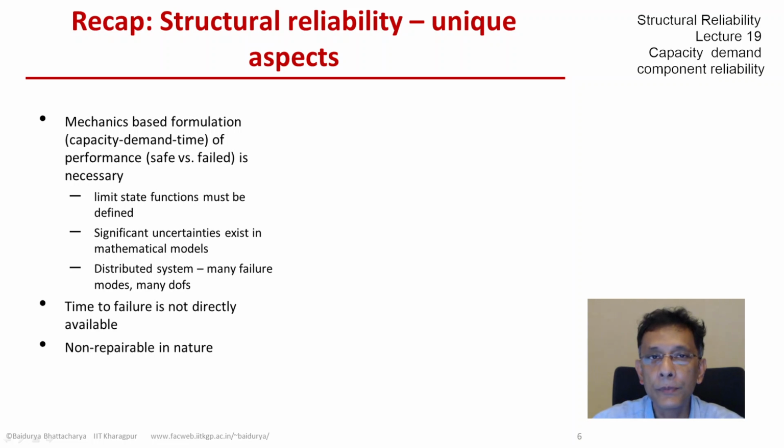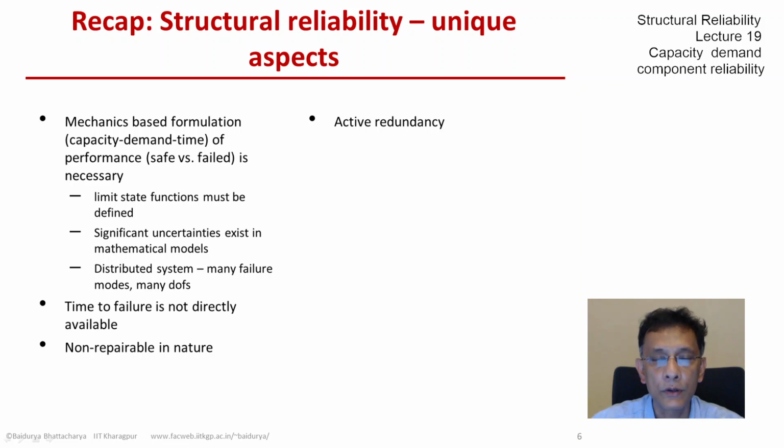These systems are non-repairable in nature. We cannot just take them offline and replace them with an identical new unit and restart the system. That doesn't work. When I say unit, I mean the whole system.